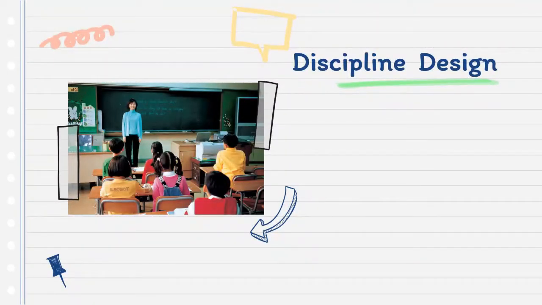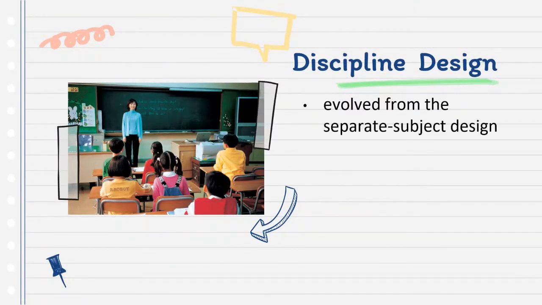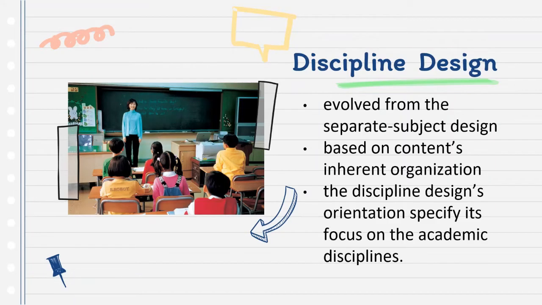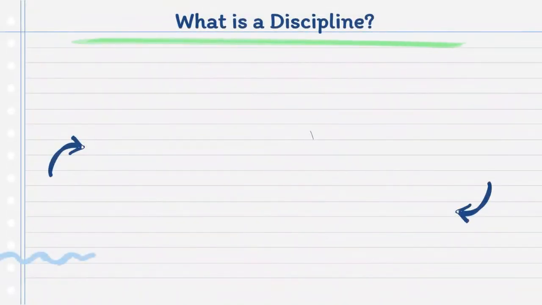The next type of subject-centered design is discipline design. It evolved from the separate subject design, and it's based on content's inherent organization. The discipline design's orientation specifies its focus on academic disciplines. So what is a discipline?